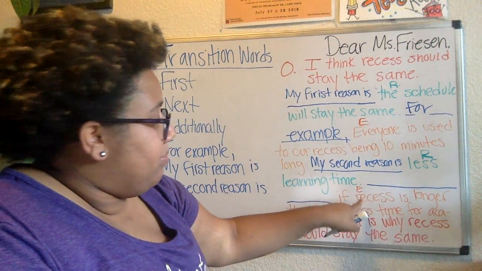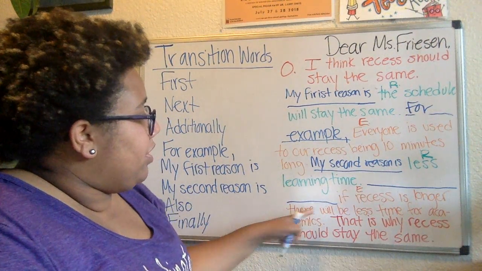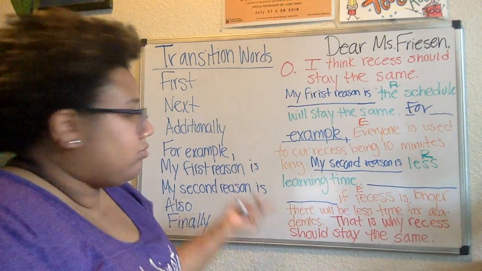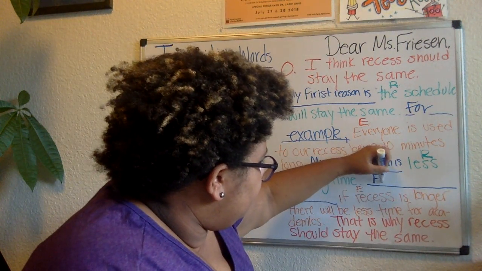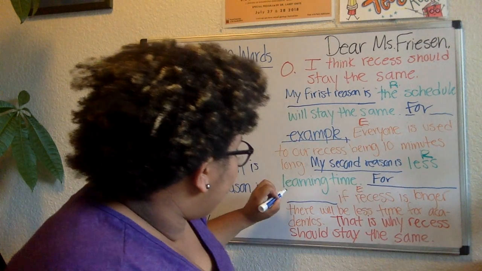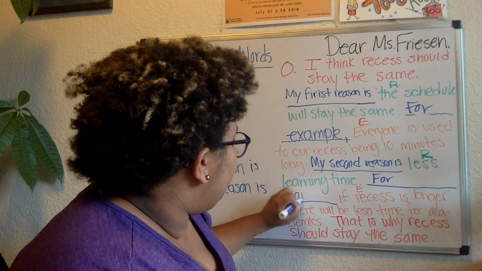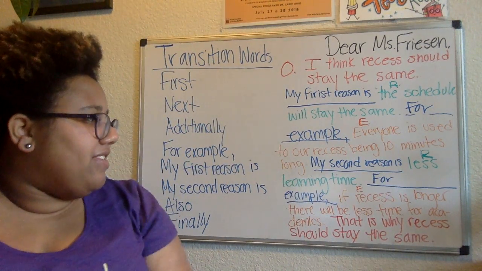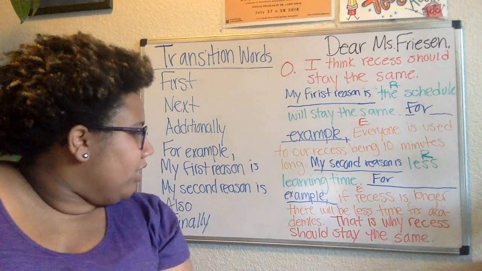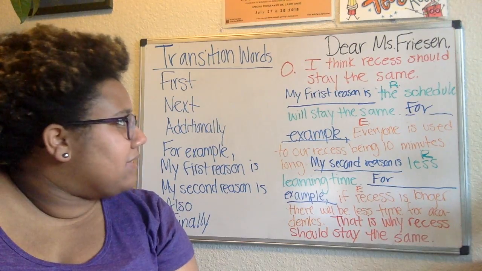So now I need to put in another transition word for my example. So I could say, for example. For example, if recess is longer, there will be less time for academics.